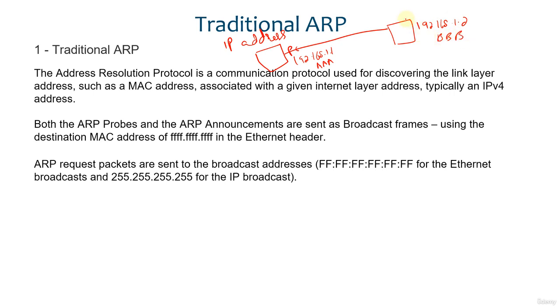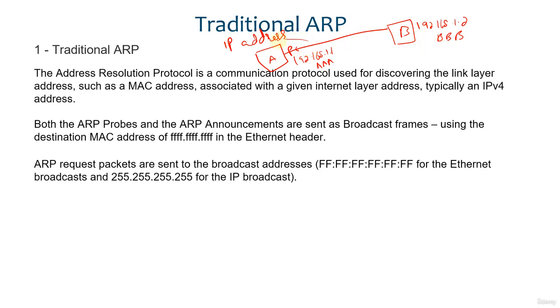So computer A knows about its own IP and MAC address. So they always know about the MAC address. Similarly, computer B knows about its own IP and MAC address.